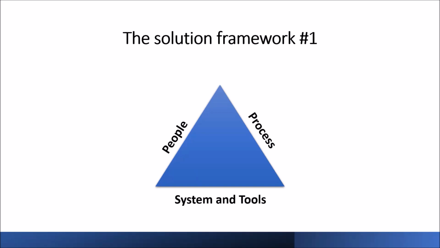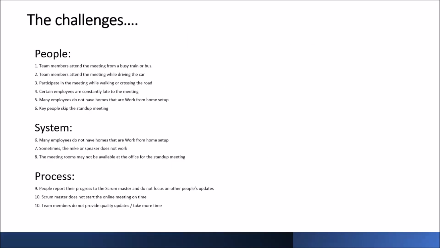So all three need to work with each other. Then only we can get the best outcome out of it. So all are important. Now, especially when we are working in hybrid mode, these three aspects gain more significance. So all the 11 challenges, when I looked into them, we can segregate them into people-wise, system-wise, and process-wise.